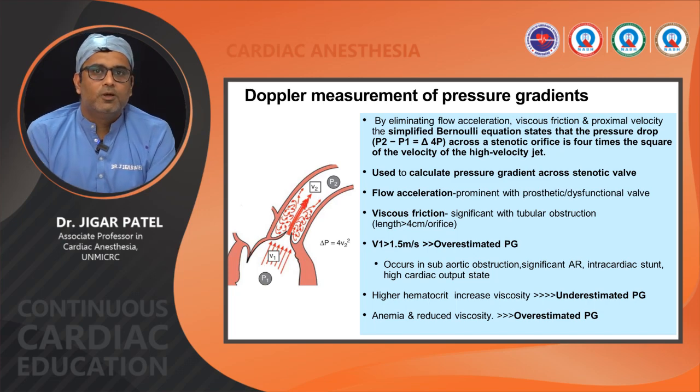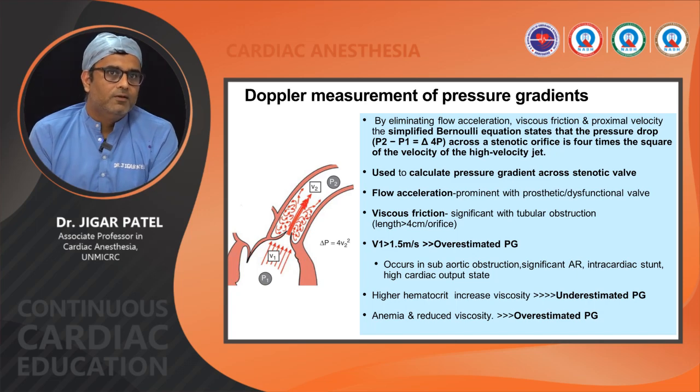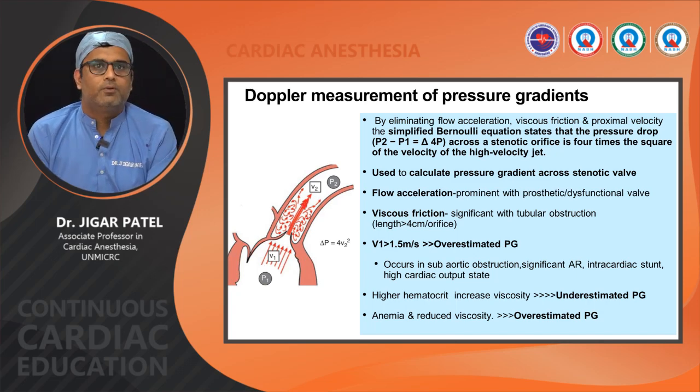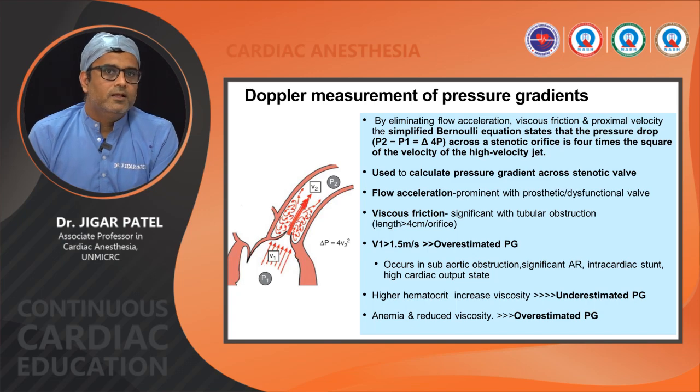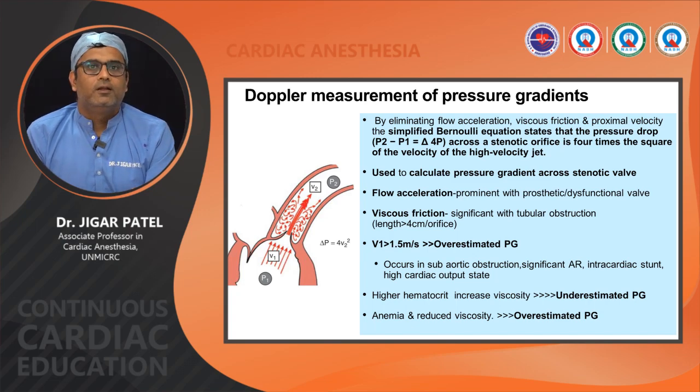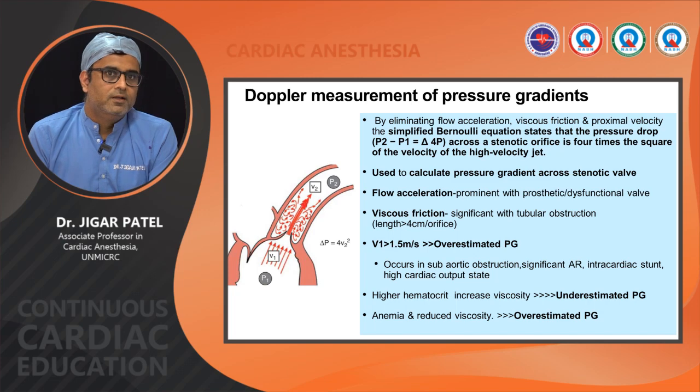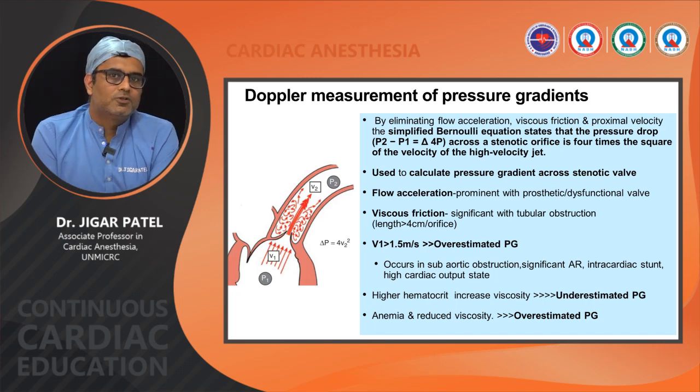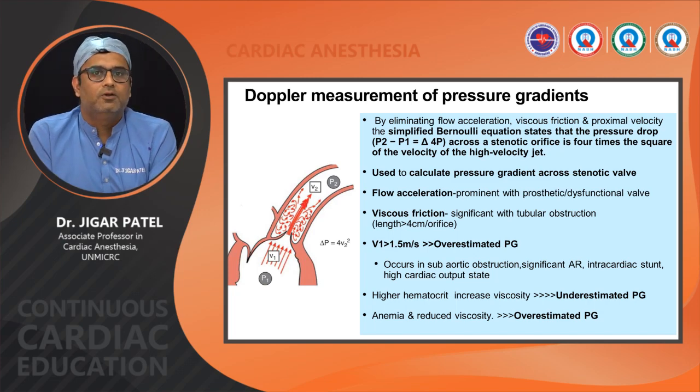It occurs in subaortic obstruction, significant AR, intracardiac shunt or high cardiac output state, which have a V1 velocity of more than 1.5 meters per second. Similarly, with higher hematocrit there is increased viscosity and viscous friction, and you are ignoring it, so you get an underestimated pressure gradient. Similarly, in anemia with reduced viscosity, you get overestimation of pressure gradient.